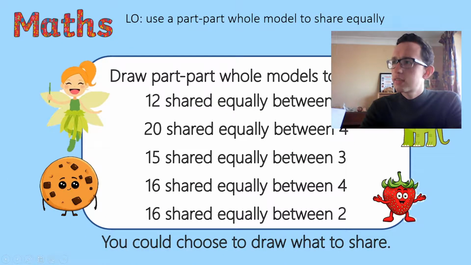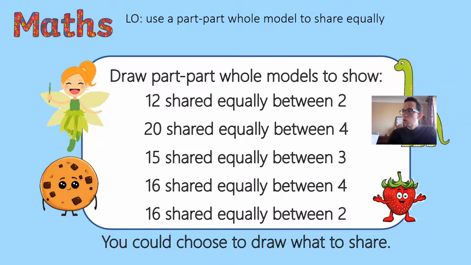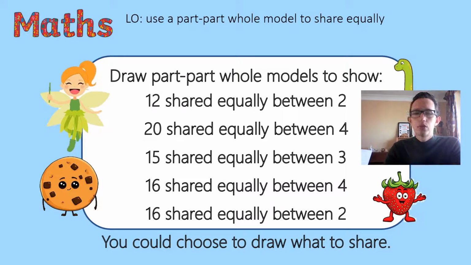Now this is your activity for today. Let me just shrink myself down. I want you to draw the part-whole models, just like the ones we've seen before. Draw them for 12 shared equally between 2. Maybe you could draw them neatly around a cup.